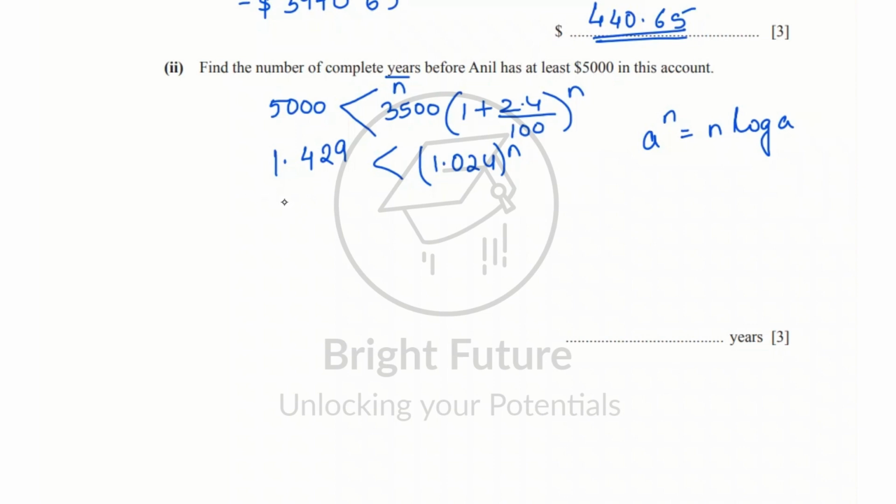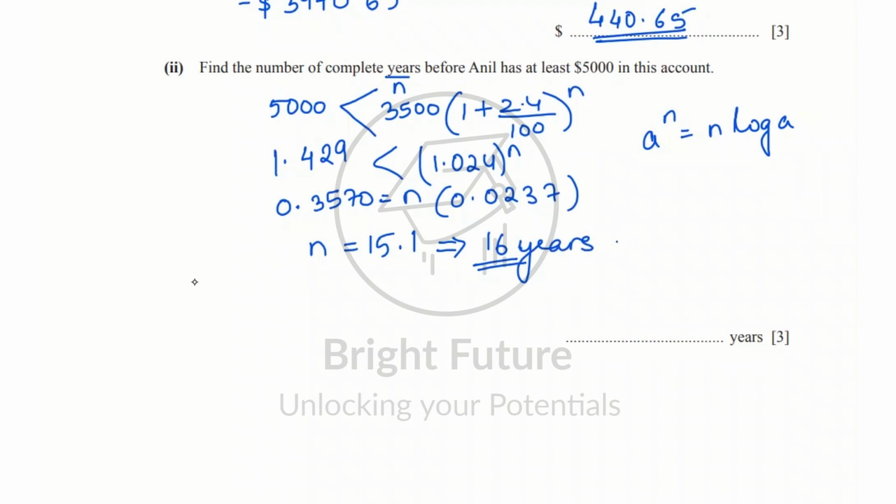So by this you get the value as 0.3570 is equal to n times 0.0237, which gives n equals 15.1. So the value has to be greater than that, so that will go to 16 years.